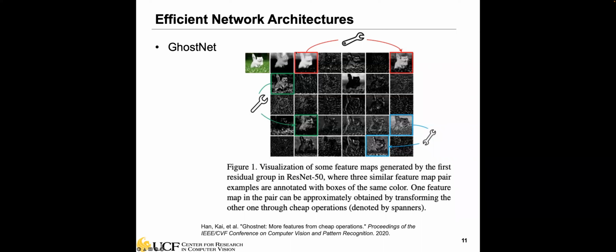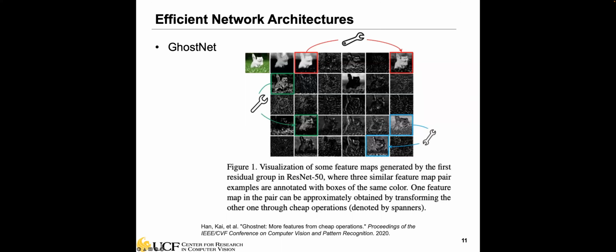For example, they're using this bounding box with the same color. If you look at this feature map, the red one and this one, they look very similar, except maybe there's some color difference or gray level difference. Basically, you can reduce the gray level from this feature map to obtain this one.